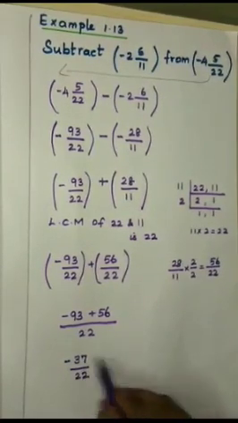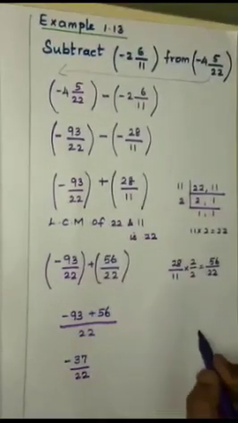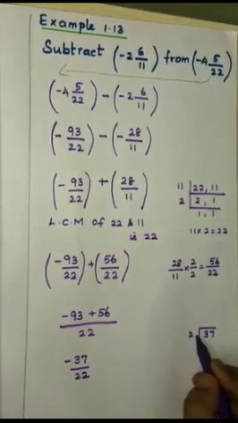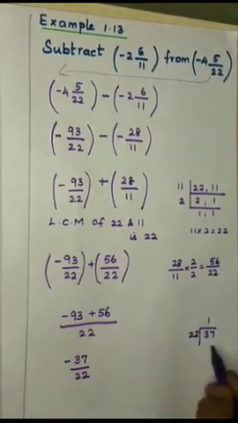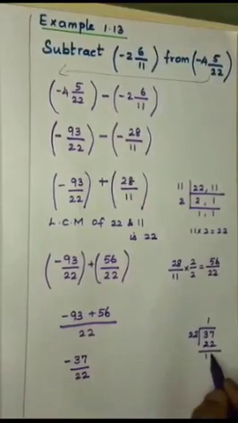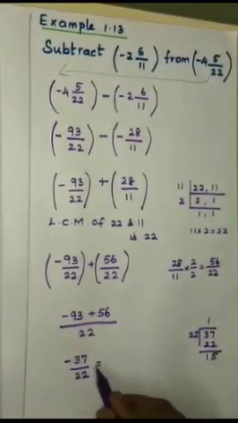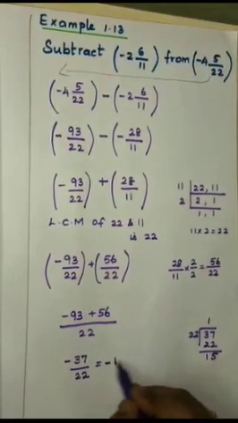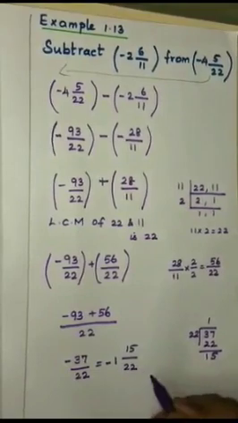So let us convert this into mixed fraction. So divide this 37 by 22. 22 goes one time. The remainder is 15. So minus 37 by 22 is equal to minus 1, 15 by 22.